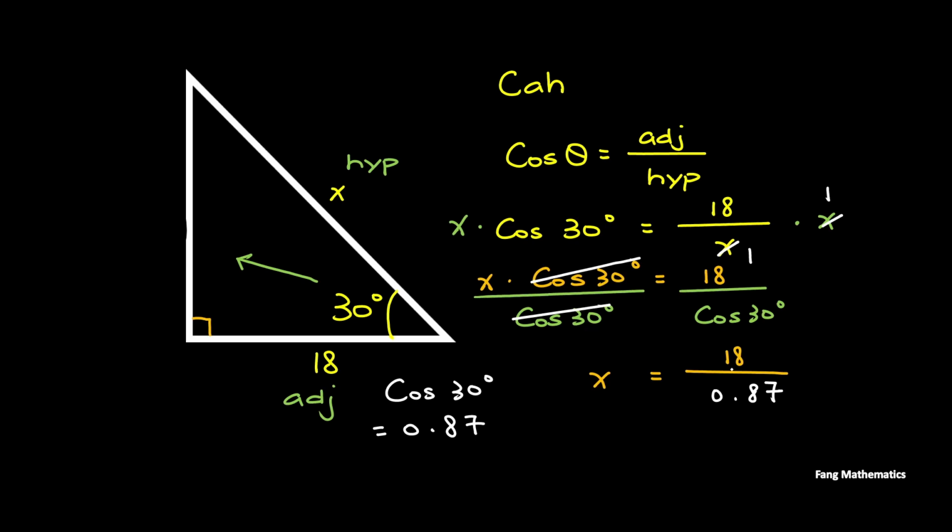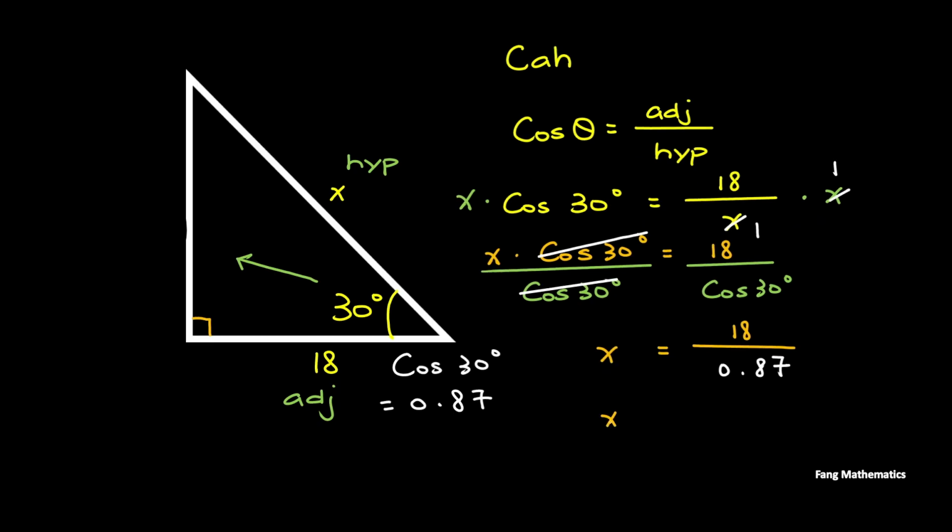So x is equal to 18 divided by 0.87. We are to perform 18 divided by 0.87, and that ultimately will get you x. And I believe 18 divided by 0.87 should give you 20.69 in two decimal places. We have found the length of the hypotenuse as 20.69.